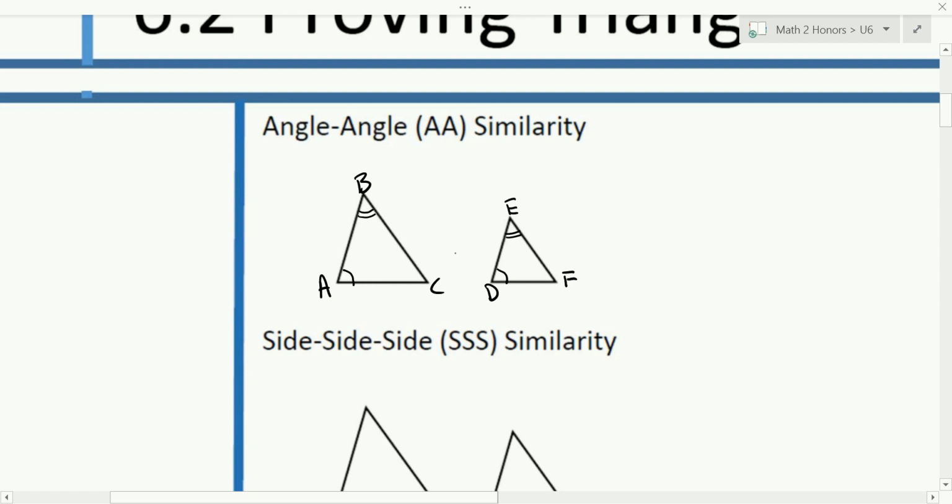Does that make sense to you, if all 3 have to add up to 180? But it also says what we haven't looked at, the sides are proportional. And we don't even have to touch the sides to get that. So if we just have the angles, we get similarity. So because angle A is congruent to angle D, and angle B is congruent to angle E, that's all we need to say that triangle ABC is similar to triangle DEF.